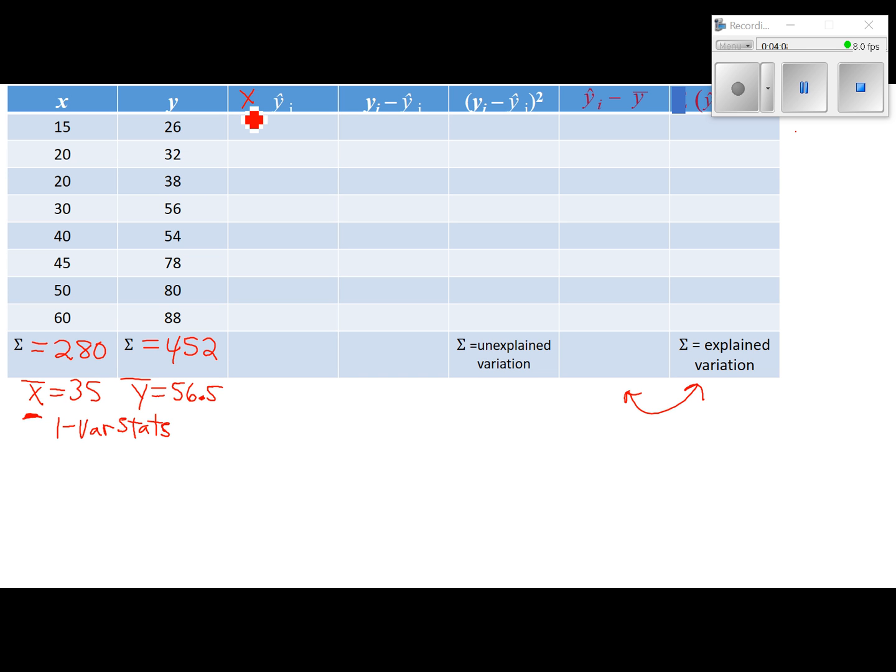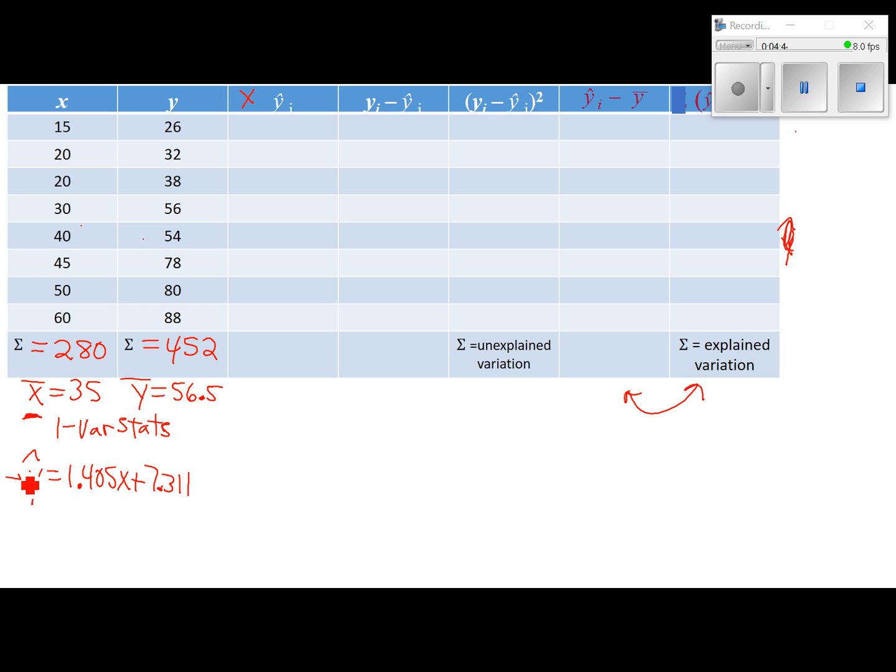The equation is Y hat equals 1.405x plus 7.311.